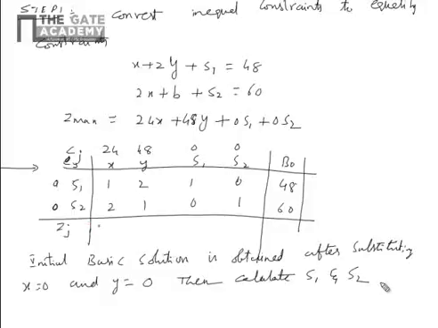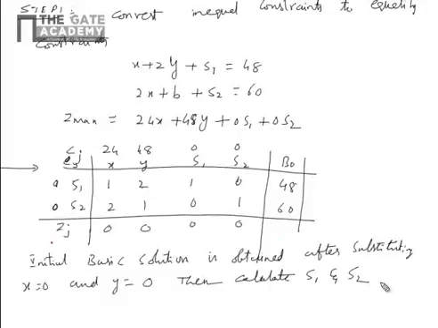So for the Zj value, multiply the x and y coefficients of the corresponding constraint with the s1 coefficients. So here 0 and 1, 0 times 1 plus 0 times 2, you will get 0 overall. Next, 0 and 2 below y, again 0. Whatever you do with 0, you will get zeros.